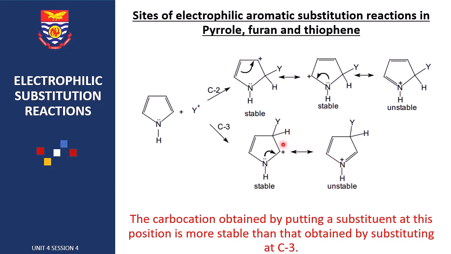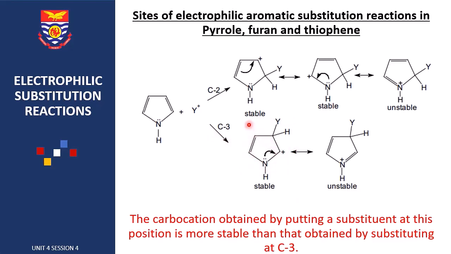These intermediates, these carbocations formed, are more stable than the carbocations formed at carbon number 3.